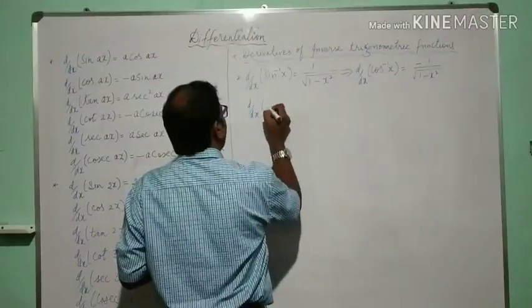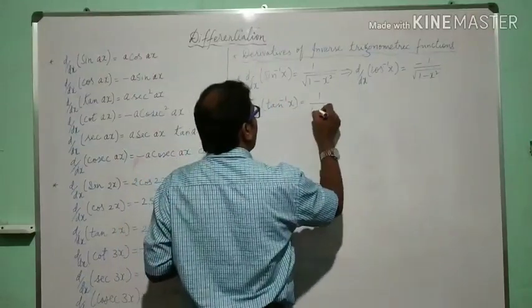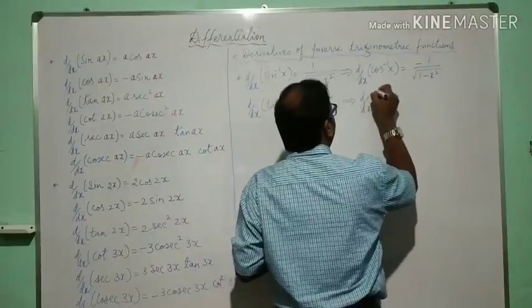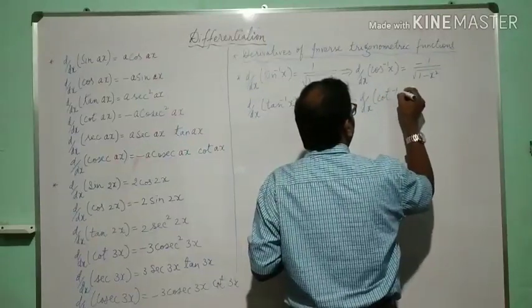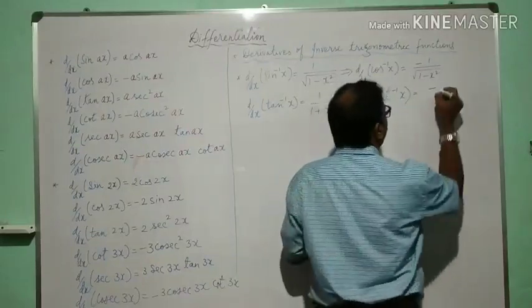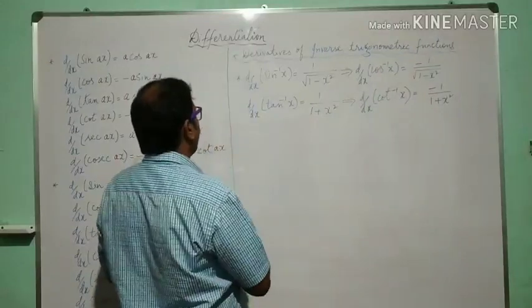D by dx of tan inverse x is 1 by 1 plus x square. This implies the derivative of cot inverse x is the same thing with the negative sign, minus 1 by 1 plus x square.